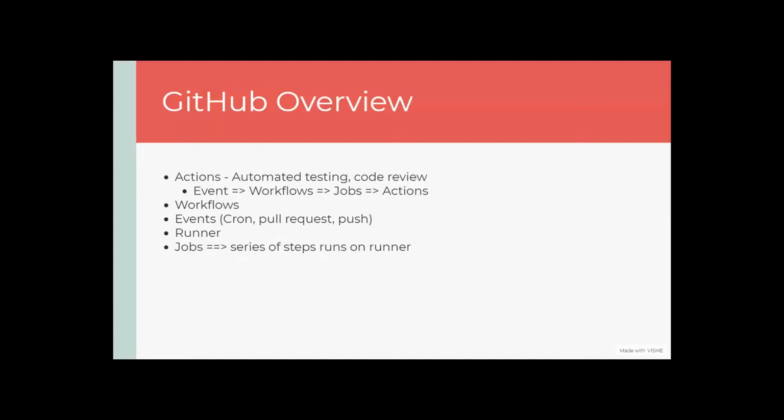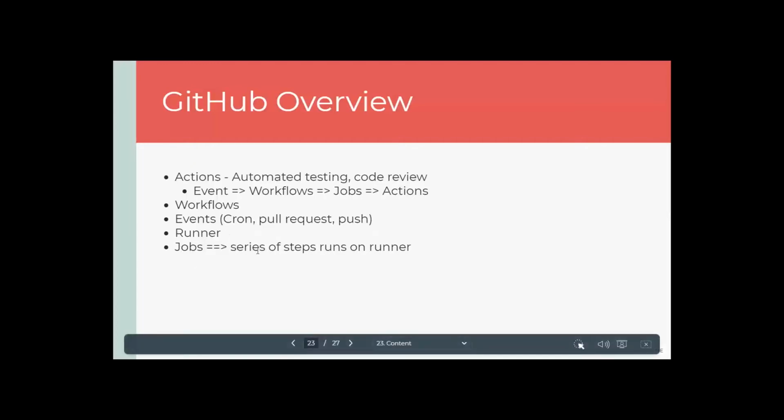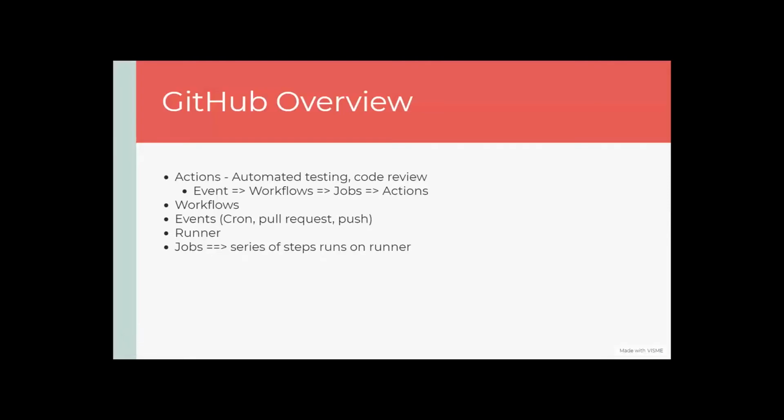The next one is the job. We know that in Azure DevOps, the pipelines can be broken down into many stages, the stages will have many jobs, and a particular job will have many steps. The same applies here also: a series of steps runs on the runner.